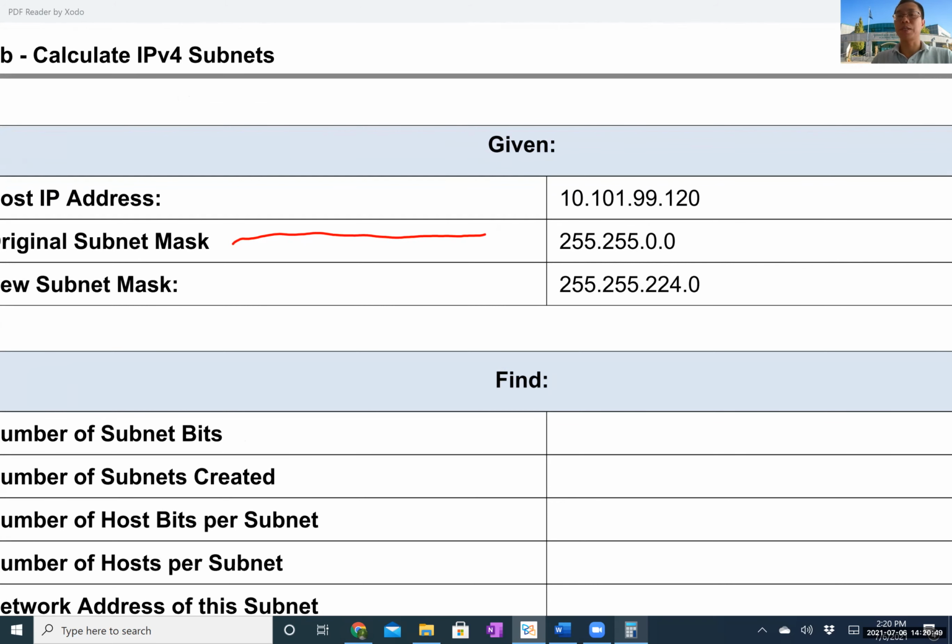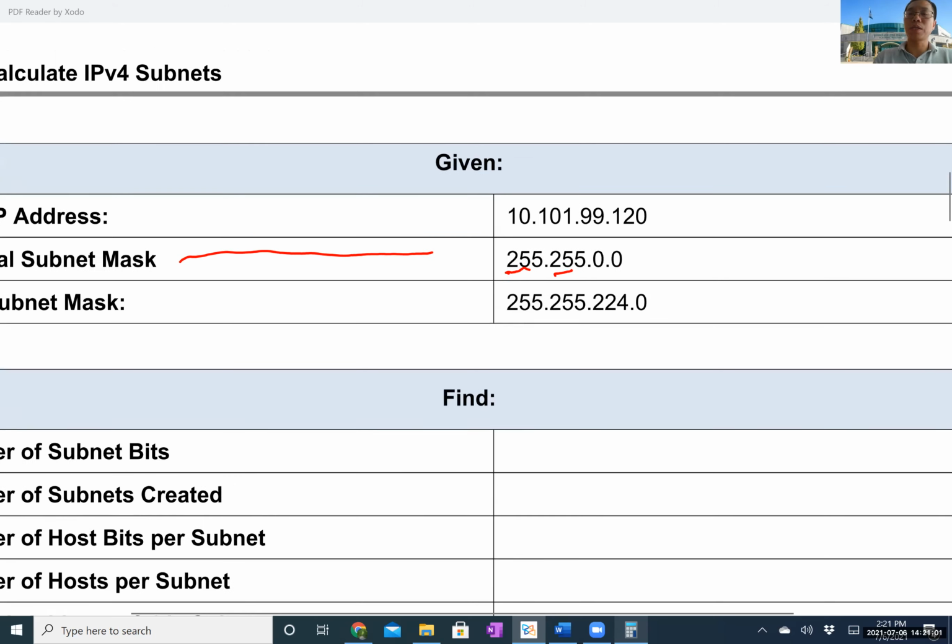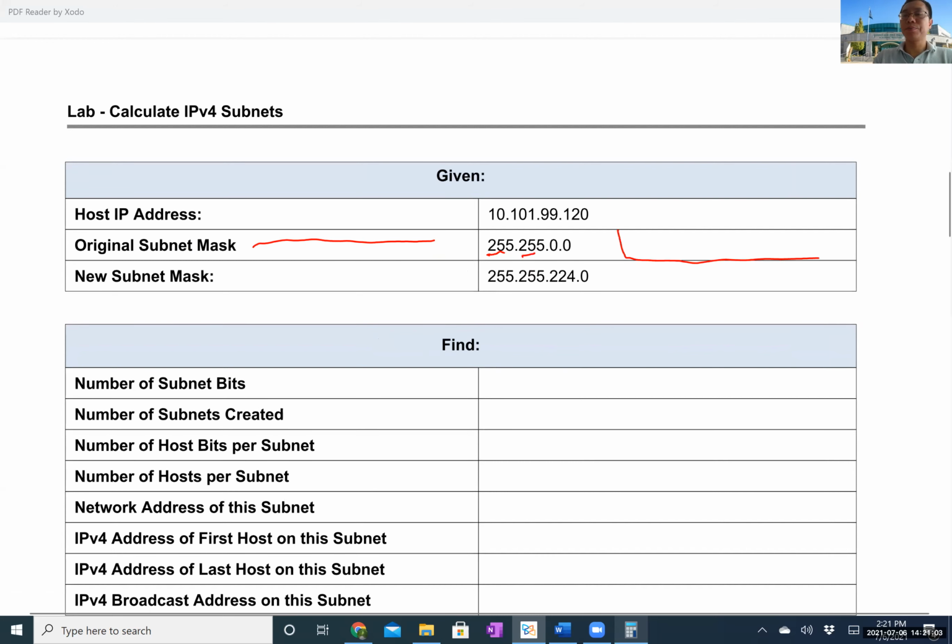There were 16 in the network and 16 in the host, because each 255 is an 8-bit number of ones. So you have /16 here. Now if you look at the new subnet mask, you have 255.255.224.